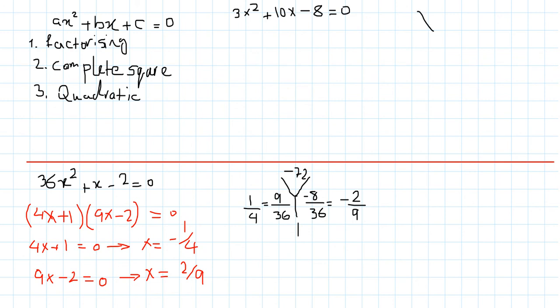Okay, let's draw my y. Set minus 3 times 8 is minus 24, and 10 here. Two numbers that when added to each other is 10, and when multiplied by each other is 24. So if you check the factors of 24, it is 1, 2, 3, 4, 6, 8 and 12.